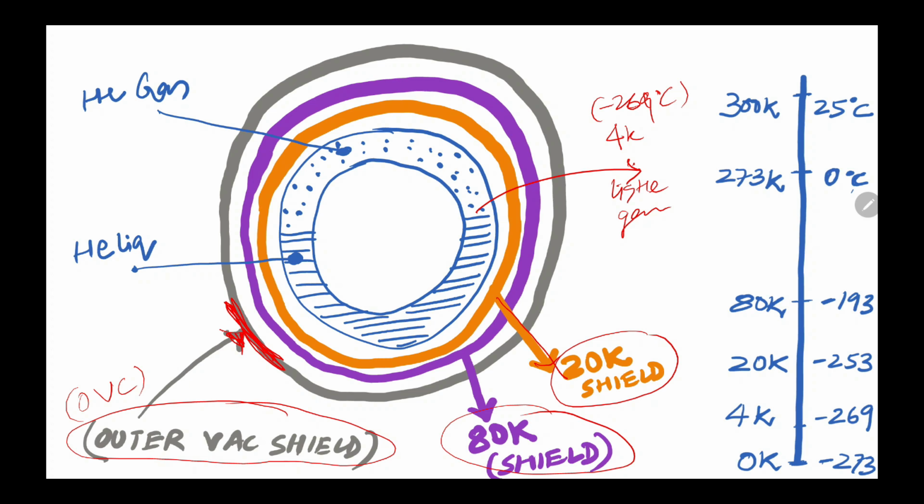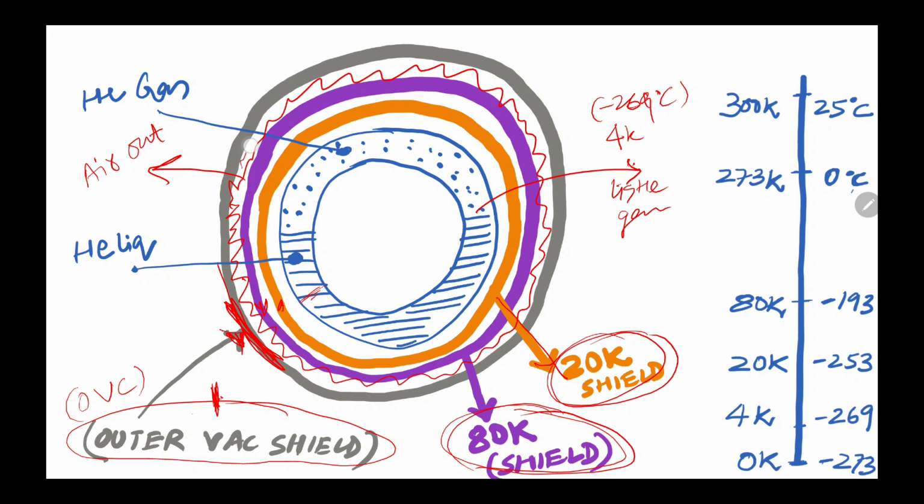Whatever shields we have, the 20 Kelvin shield and the 80 Kelvin shield, we have introduced one more shield, the outer vacuum shield. This shield is protecting both the shields and the internal vessel. And there is a vacuum in between. We are establishing a vacuum. Vacuum means we are taking the air out.